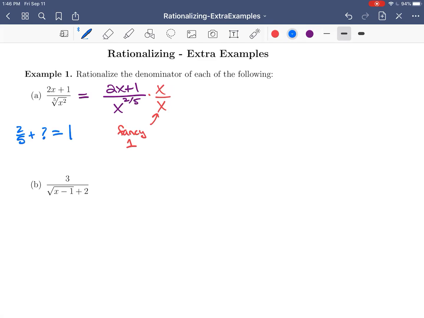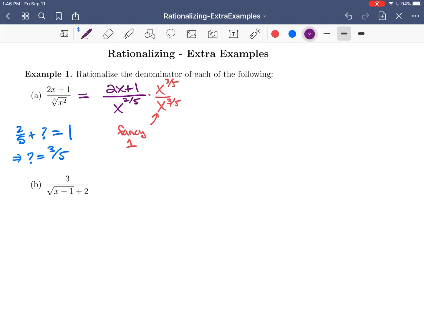Now the easiest integer is the integer 1. It doesn't have to be the integer 1 that you pick, but that's going to be the easiest one. So if you subtract 2/5 on both sides, our question mark exponent should be 3/5. So I'm going to multiply by x to the 3/5 over x to the 3/5.